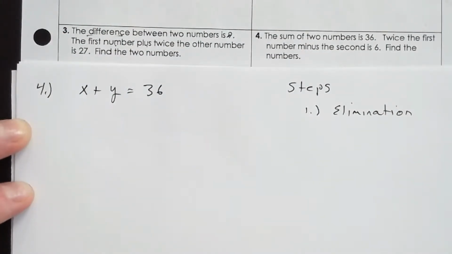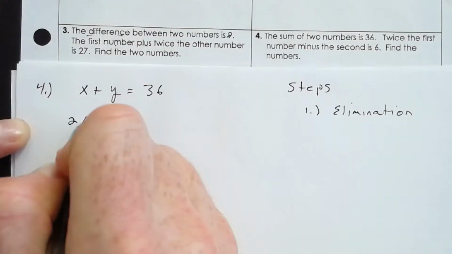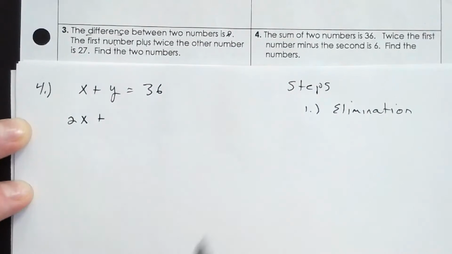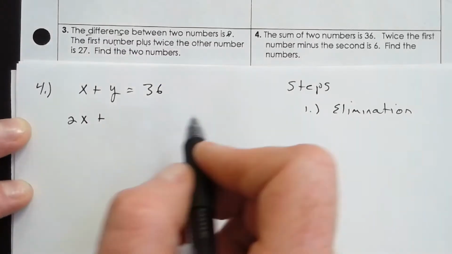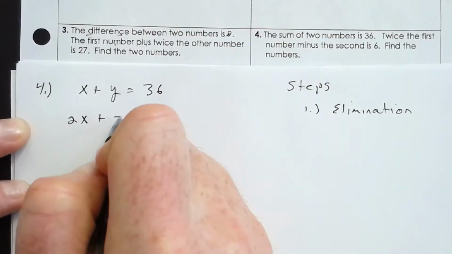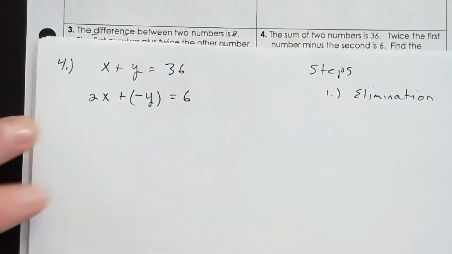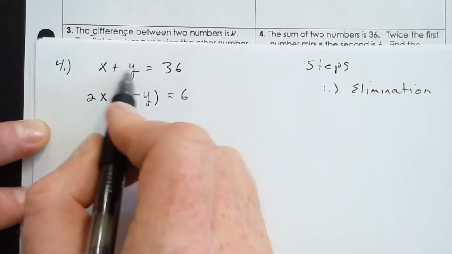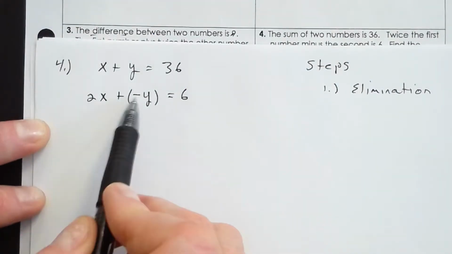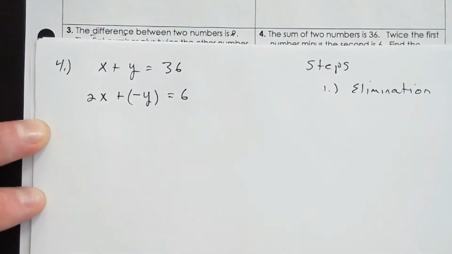Twice the first number. So what do we have? 2x, twice the first number. So 2x plus, is it plus or minus? Twice the first number minus the second is 6. All right, so we have x plus y is 36, and we have 2x minus y is equal to 6.